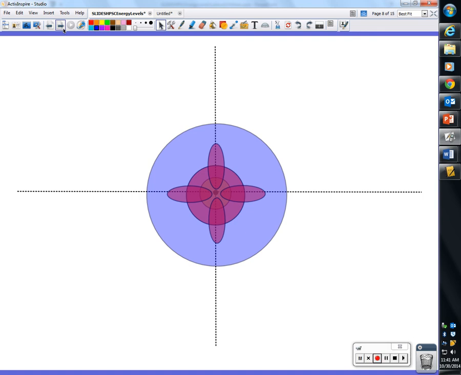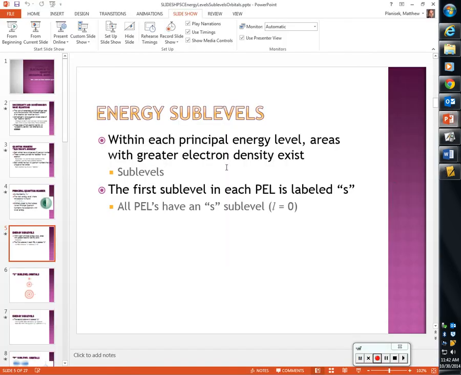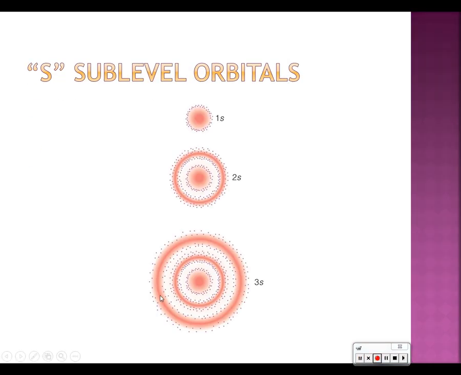Every principal energy level has a spherical sublevel. We call that sublevel the S sublevel. These are all S sublevels.